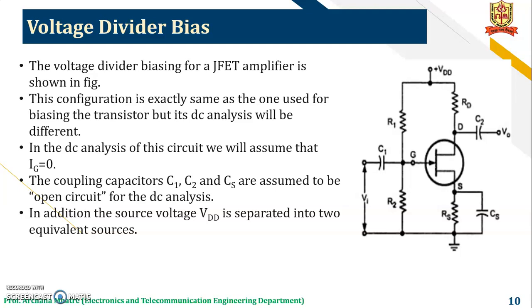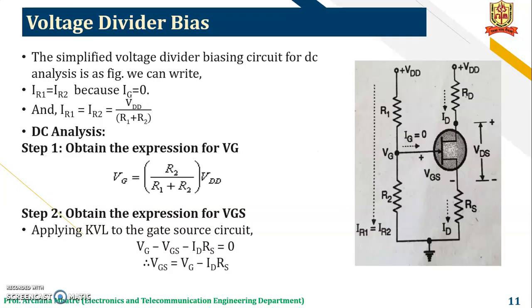The coupling capacitors C1, C2 and Cs are assumed to be open circuit for the DC analysis. In addition, the source voltage VDD is separated into two equivalent sources. The simplified voltage divider biasing circuit for DC analysis is as shown in figure.